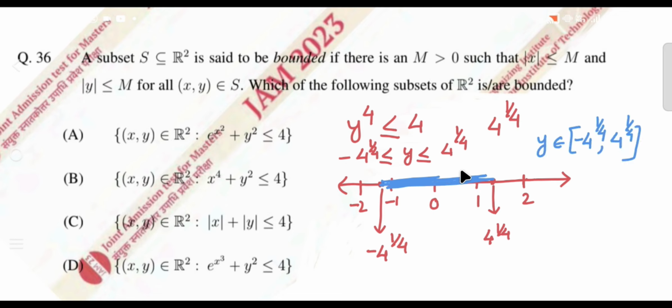Whenever we take either a mode or an even power, our solution is restricted to a line segment. Okay, we cannot go beyond a certain point in both directions, either forward or backward.